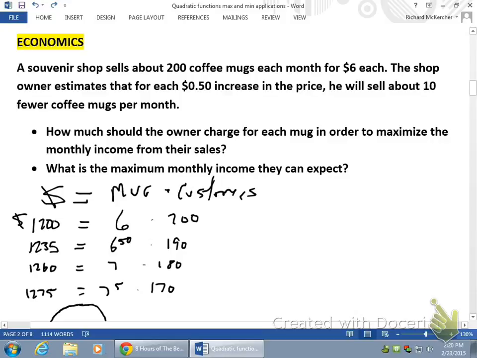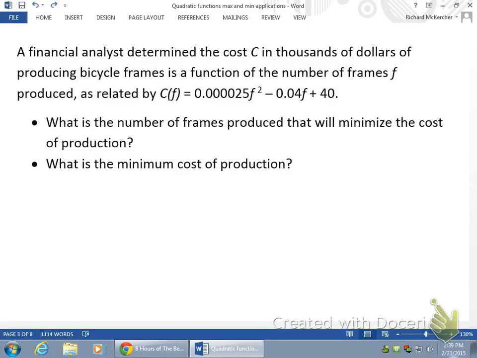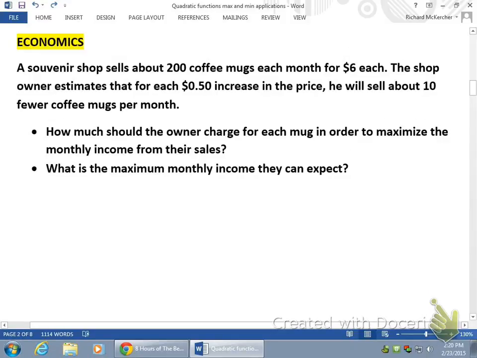Now, I want to write an equation. I could definitely figure it out with the table, but I want to write an equation to understand it. I'm going to use the same format I did before, that the money he makes is based off of the mug price times the customers. But this time I'm going to use a little bit of algebra.